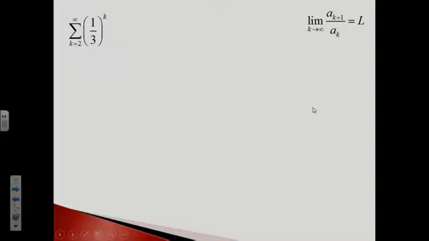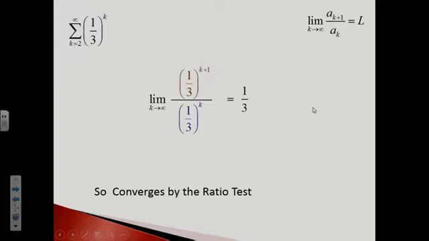The kth term is 1/3 to the power of k, and the k plus 1 term is 1/3 to the power of k plus 1. So the ratio is 1/3, and the limit is also 1/3. Thus, L is less than 1, and the ratio test tells us that the given series converges.